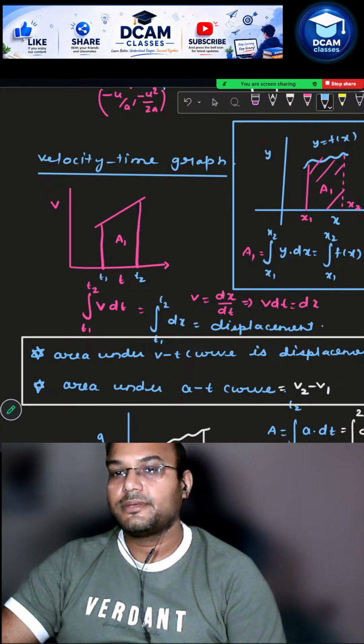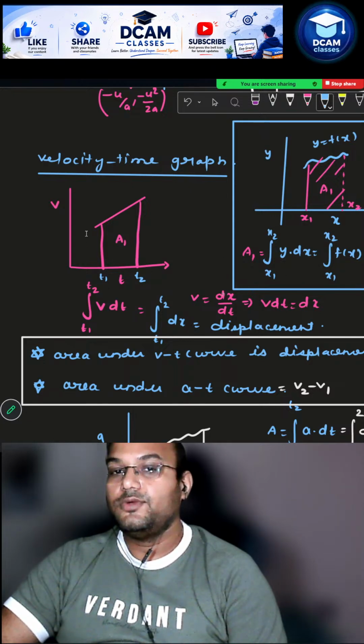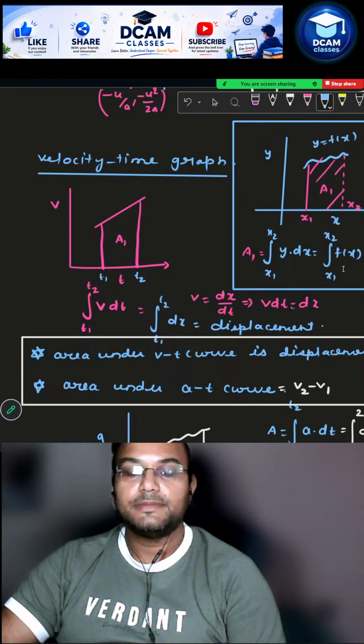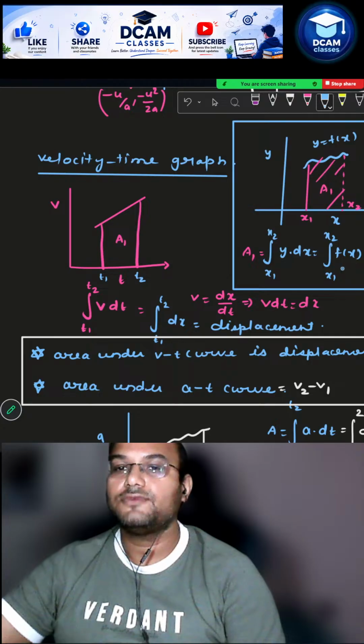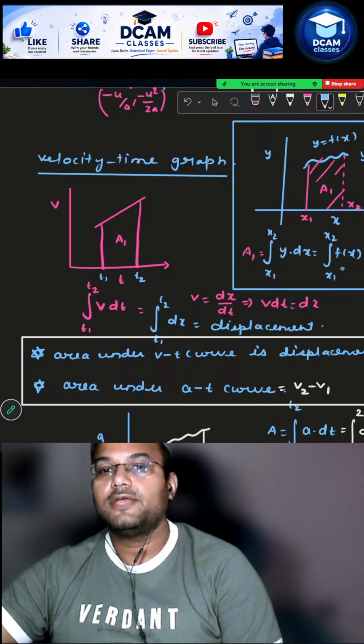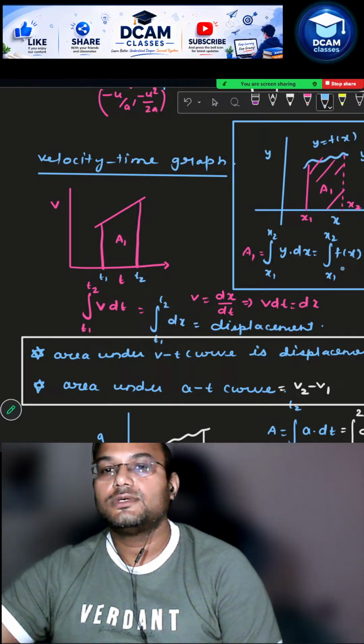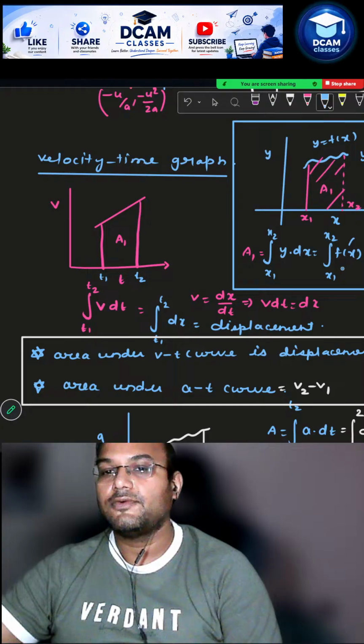That's the concept. Now, what does f of x mean? f of x means the equation of the curve. Suppose I have given the equation of the curve as y is equal to x plus 2. Then this would be a straight line. You will put f of x is equal to x plus 2 there.